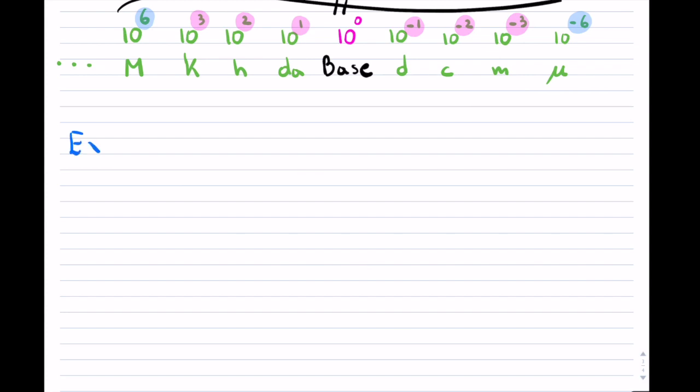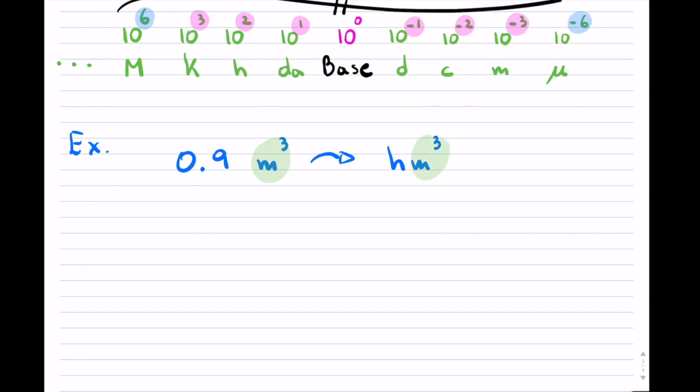So in this example, if you would take 0.9, and let's say it was meters cubed, and you wanted to change this to hectometers cubed, so be careful here, because now we have a base of meters cubed.